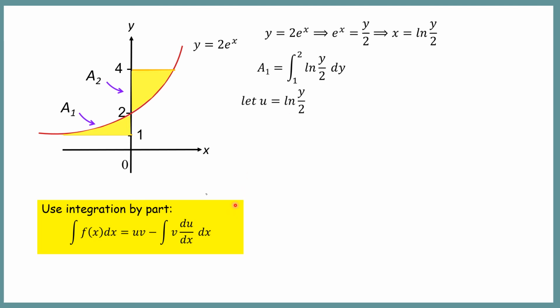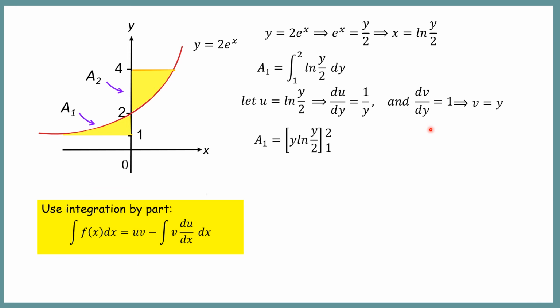So letting u as ln(y/2), differentiating, we have du/dy equals 1 over y, and letting dv/dy as 1, integrating, we have v equals y.